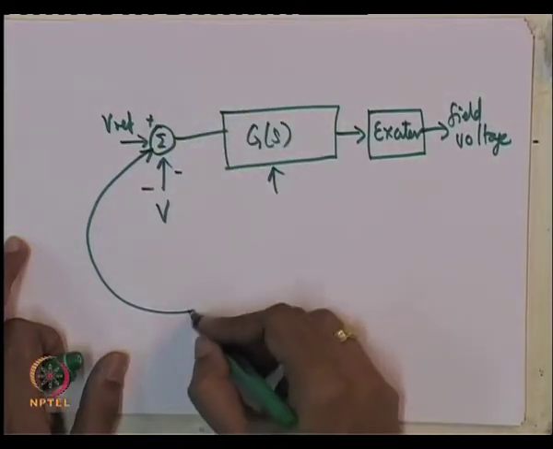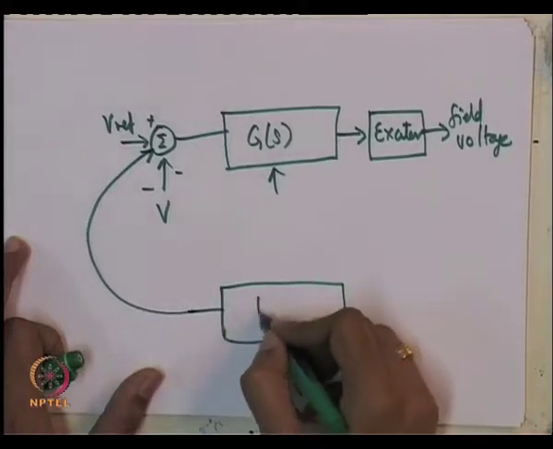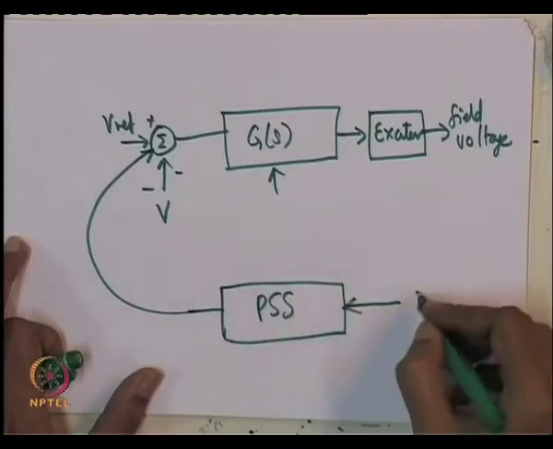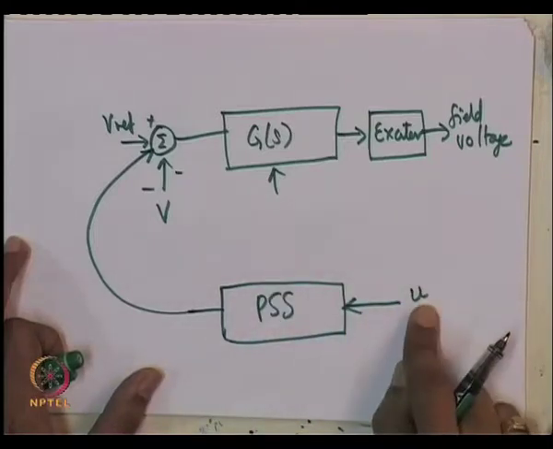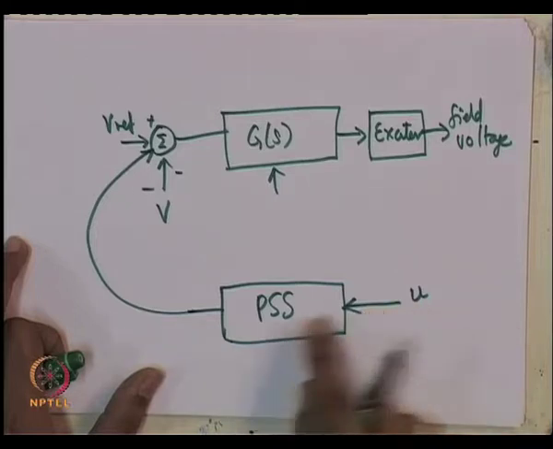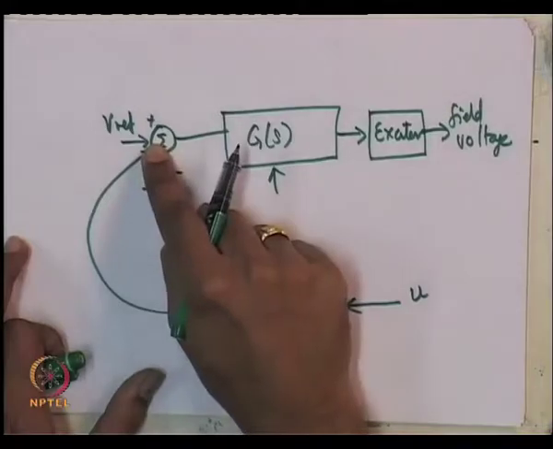So, this is one thing you can try to do. You can have another controller, I will call this the power system stabilizer. This is in fact how it looks, which senses a certain quantity in which these swing modes are observable, gives appropriate compensation to it, and modulates the AVR reference.